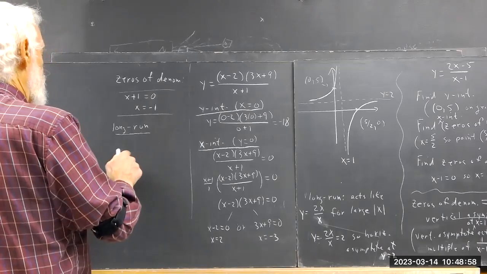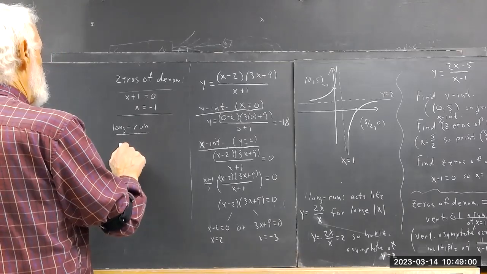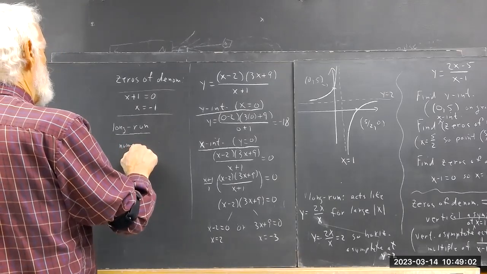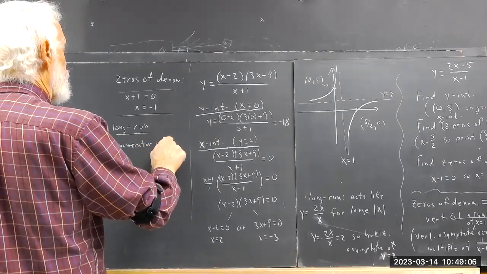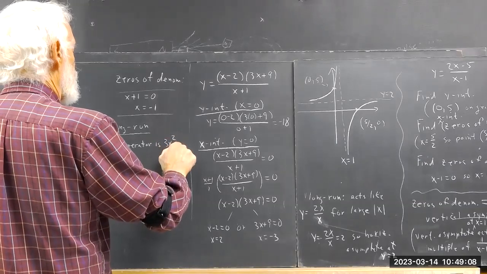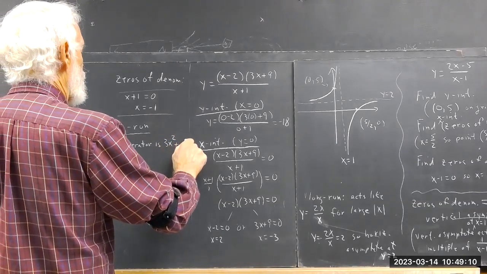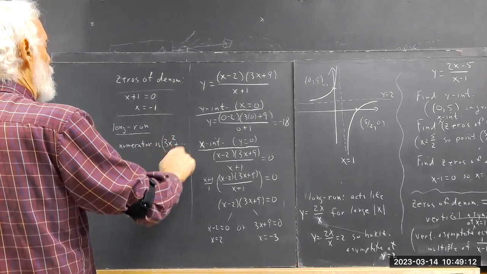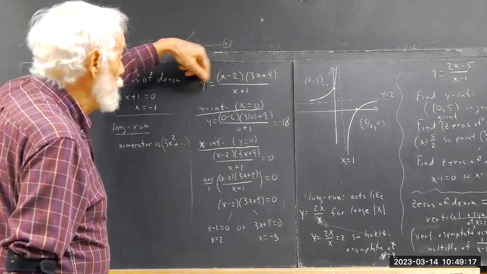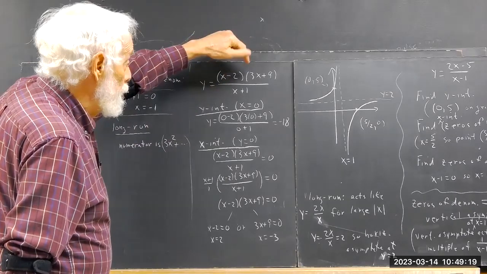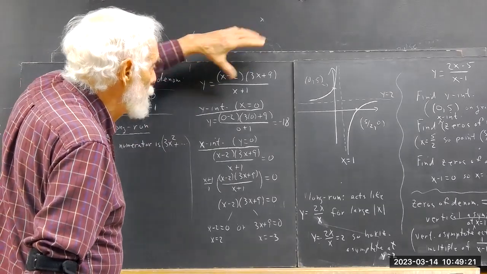The numerator is 3x squared plus a bunch of stuff if we multiply it out.